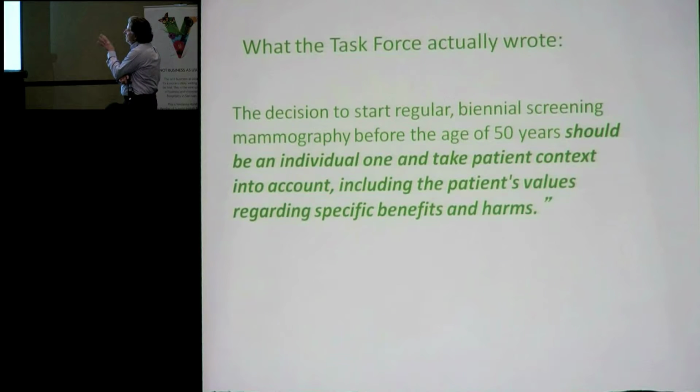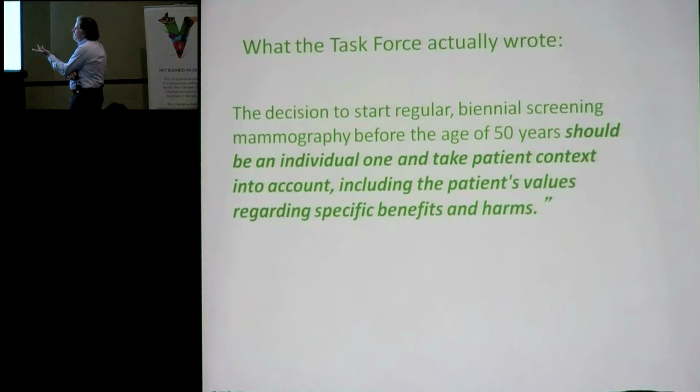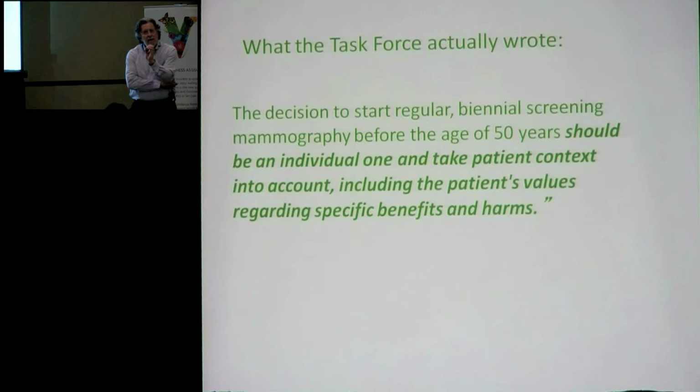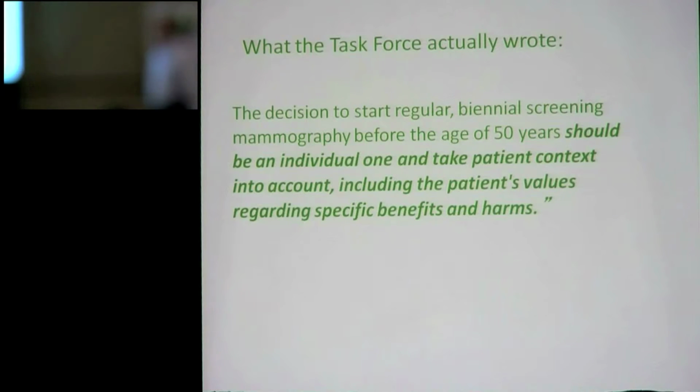That the decision to start regular biennial screening mammography before the age of 50 should be an individual one and should take into account the woman's context, including her values regarding specific benefits and harms. And yet, this recommendation was criticized as throwing women under the bus, that this was big government showing that it cared nothing about American women.